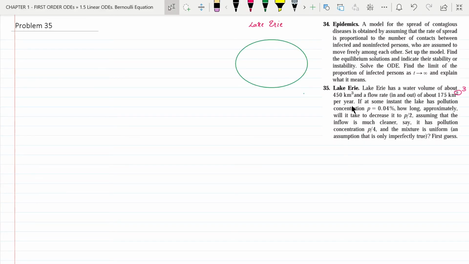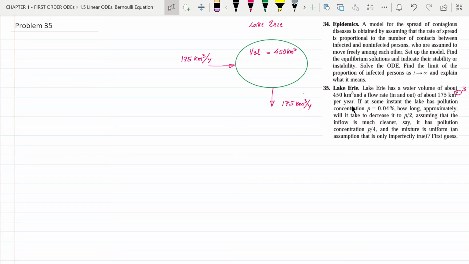So, it is given in the question that the volume of the lake is 450 kilometer cubed and the flow rate in and out of the lake is 175 kilometer cubed per year. So, flow rate is 175 kilometer cubed per year in and also out.